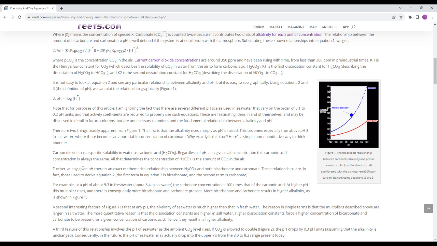Further, at any given pH, there is an exact mathematical relationship between carbonic acid and both bicarbonate and carbonate. These relations are, in fact, those used to derive equation 2. The first term in equation 2 is bicarbonate, and the second term is carbonate.